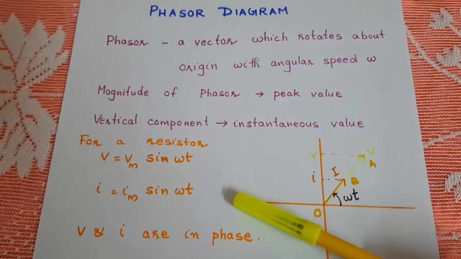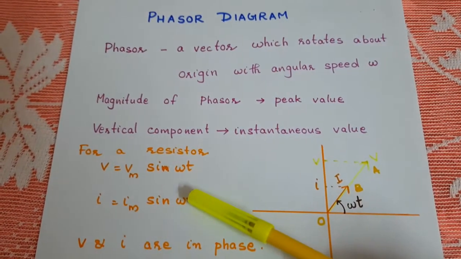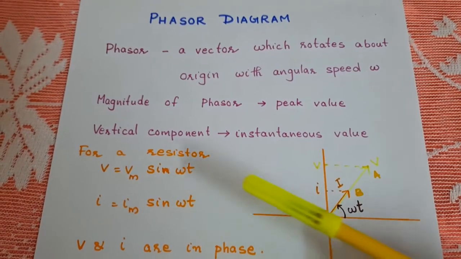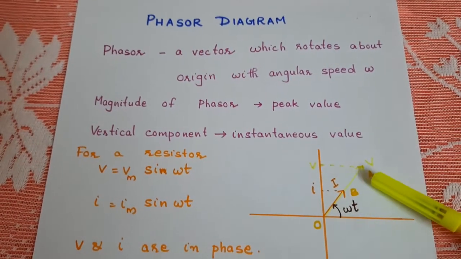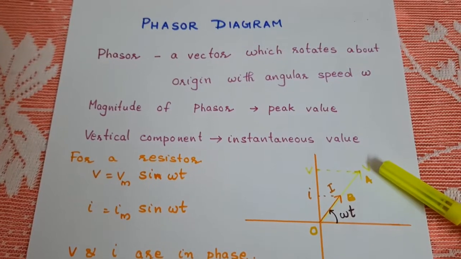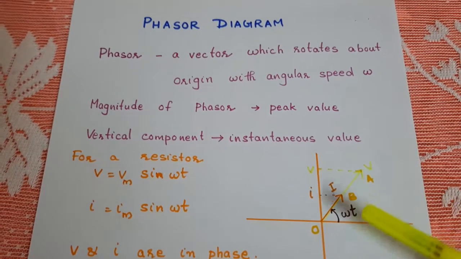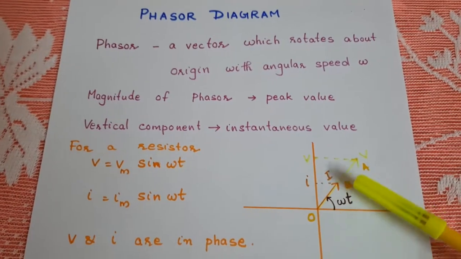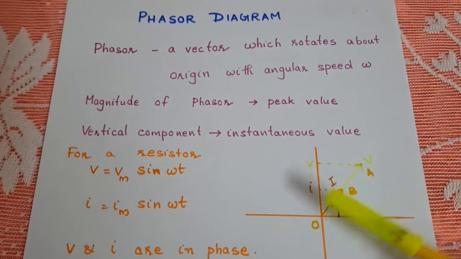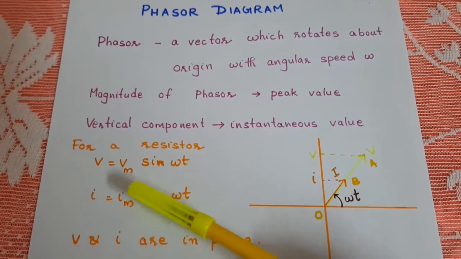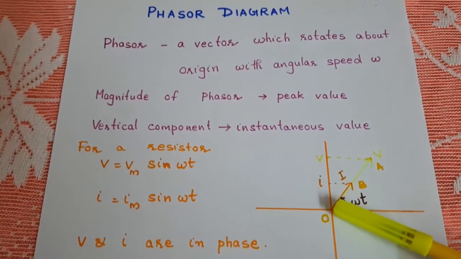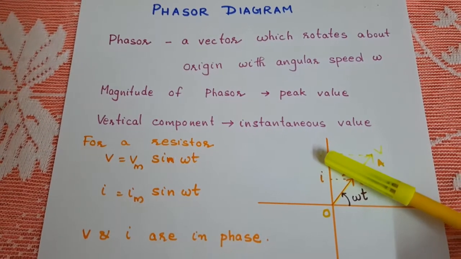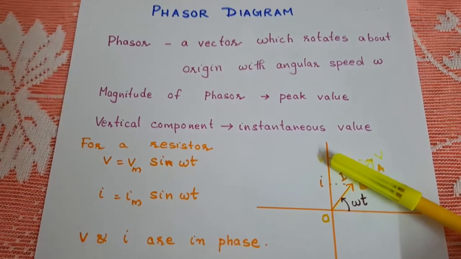In the case of a resistor, the voltage is given by Vm sin omega t. The vector OA represents the voltage phasor. The phase value is omega t. The length OA is the peak value Vm, and the component along the y-axis is the instantaneous value V.